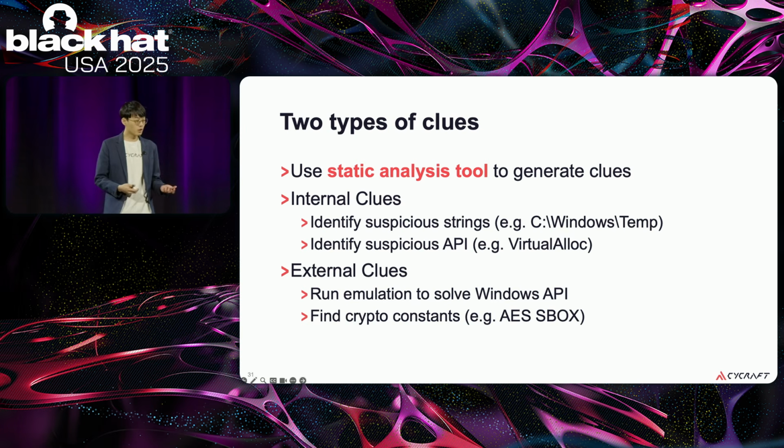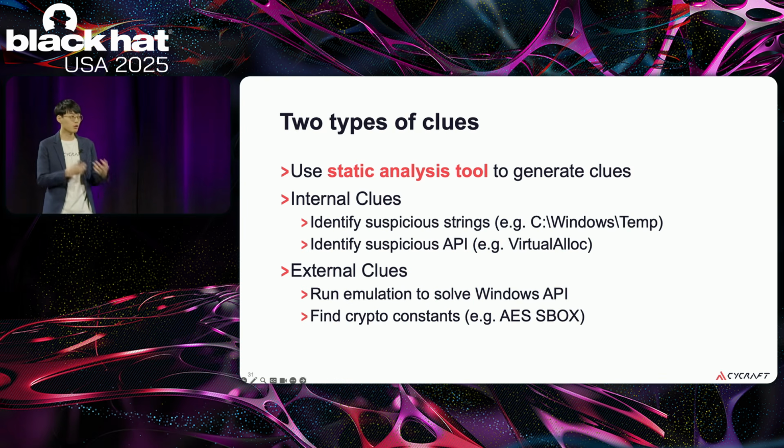For the external clues, we will run some static analysis tools like emulation tools to solve the Windows API obfuscations, and we will mark the correct API behind the code. Second, we will also find some cryptography constants like the AES S-box or SHA-1 functions, and we will mark the correct algorithm name behind the code.